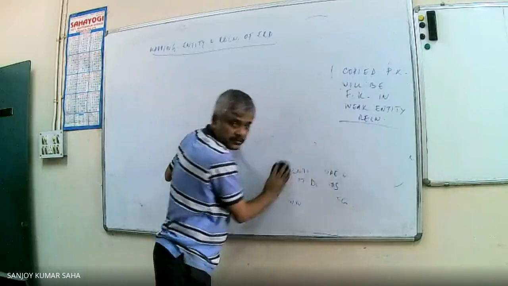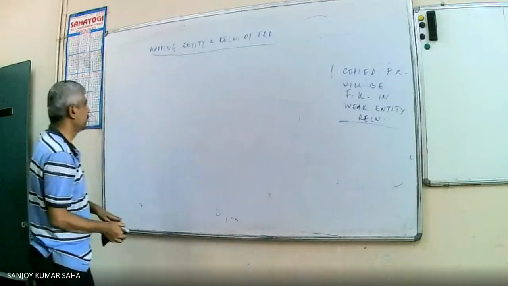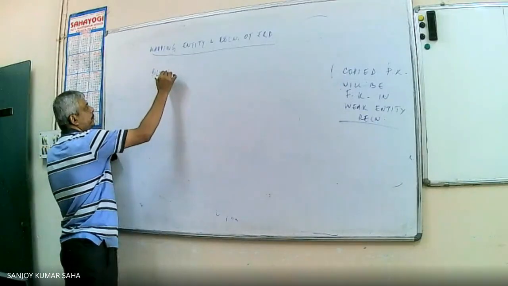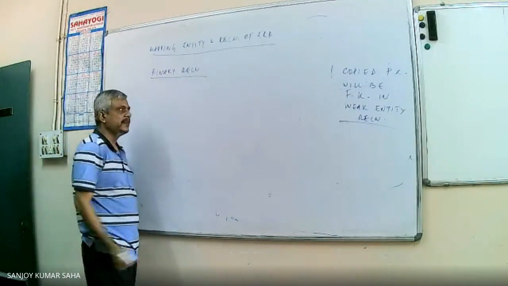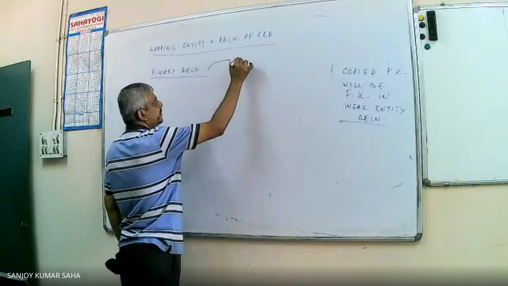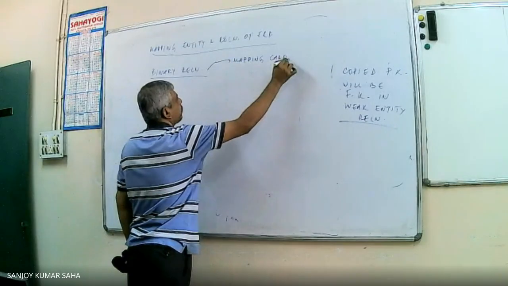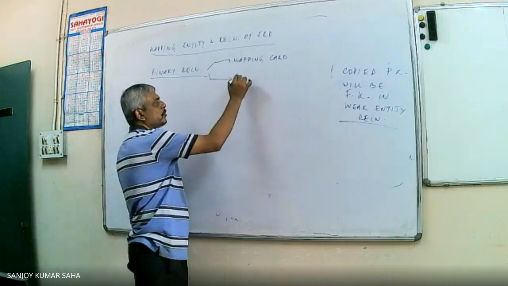So now we have the binary relations. We have the constraints. Remember the constraints, the mapping cardinality and also the participation constraints.